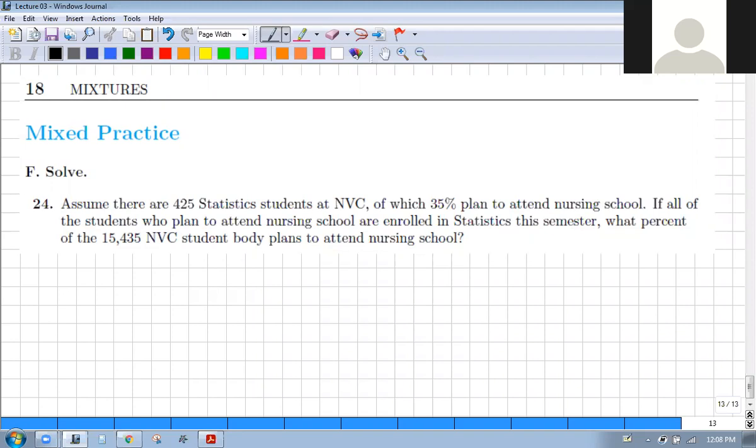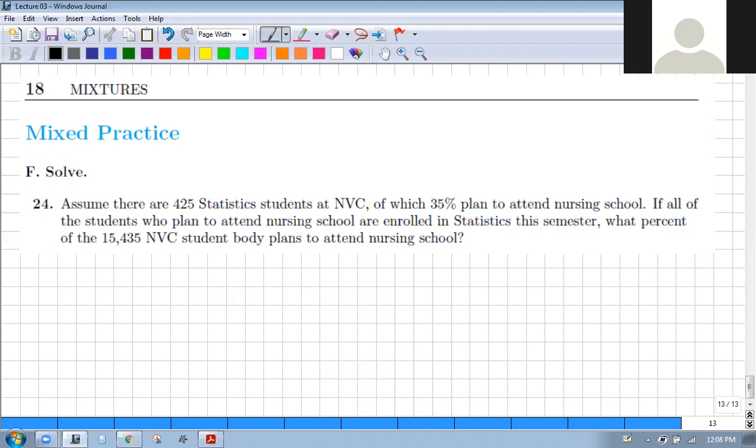If all of the students who plan to attend nursing school are enrolled in statistics, which ones are going to nursing school? If you're in nursing school, you're enrolled in statistics, period. And of the 425, some statistics students are going to be nurses, some aren't.